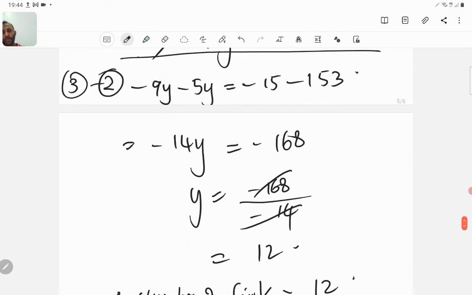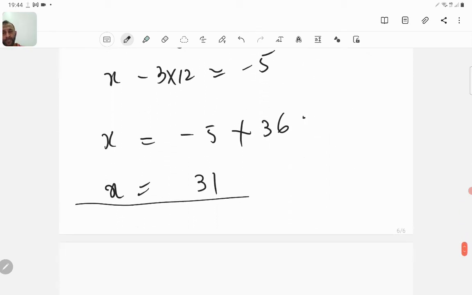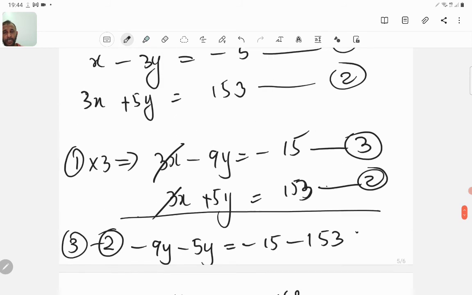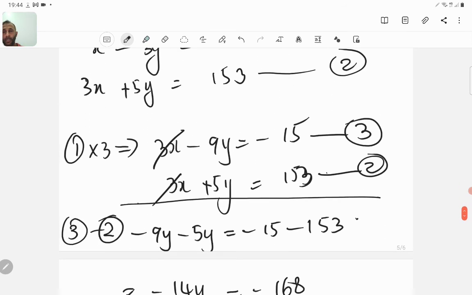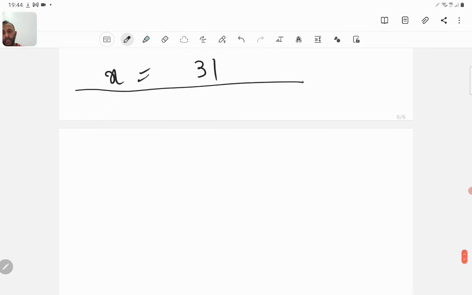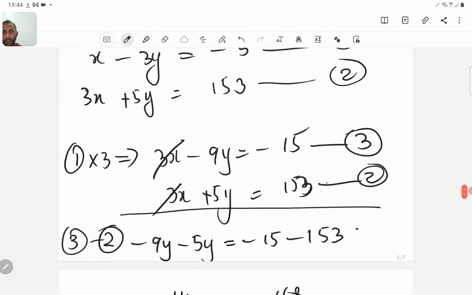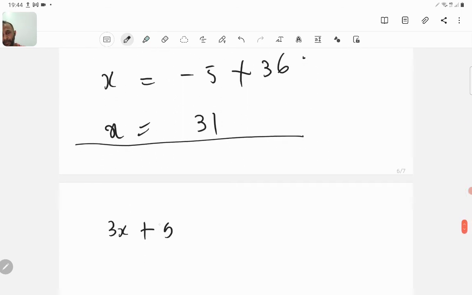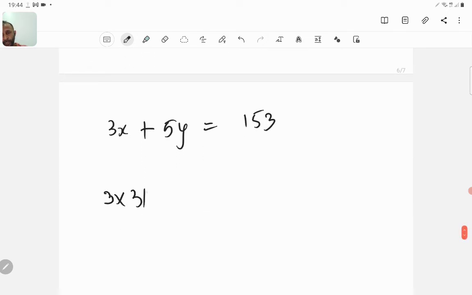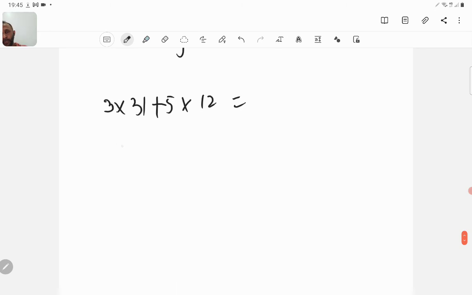Now we will substitute this in the second equation, 3x plus 5y is equal to 153, to check whether it is correct. 3 into 31 is 93, plus 5 into 12 is 60.